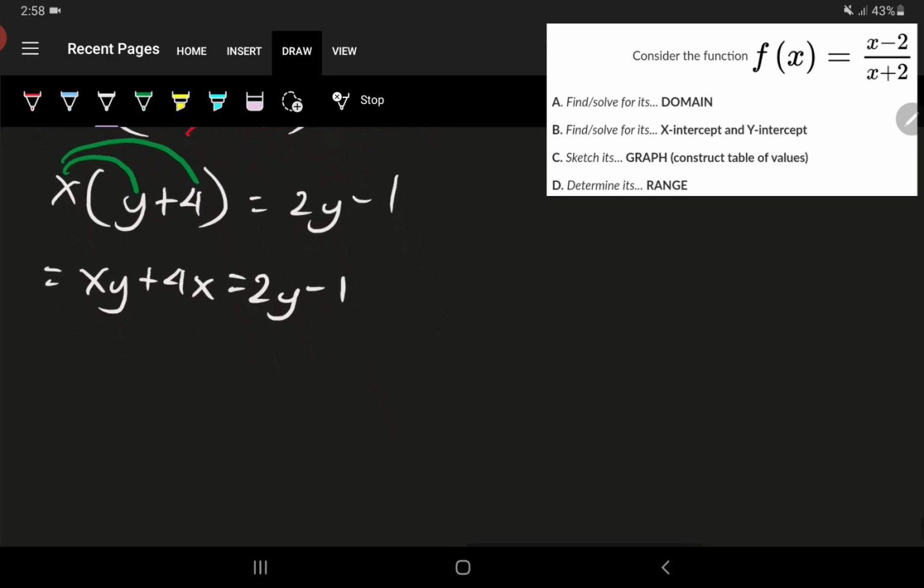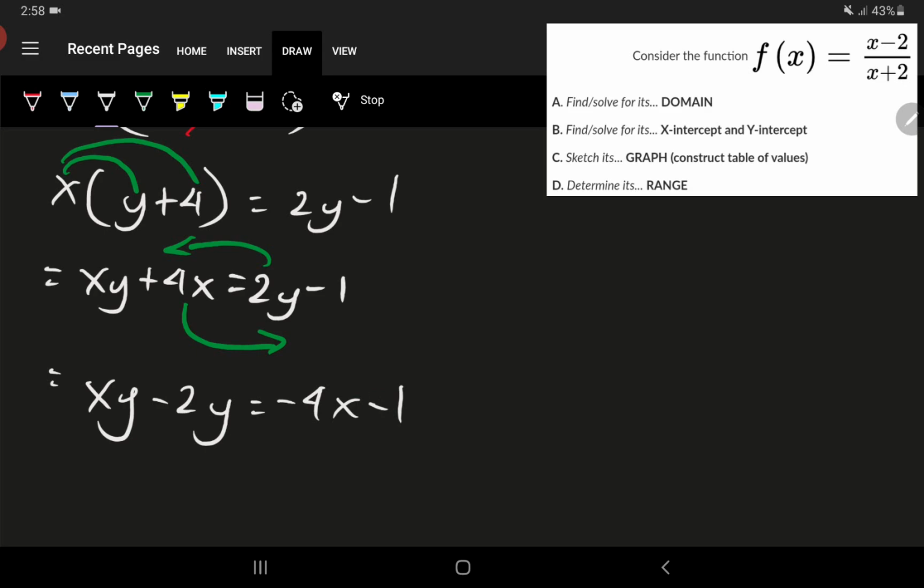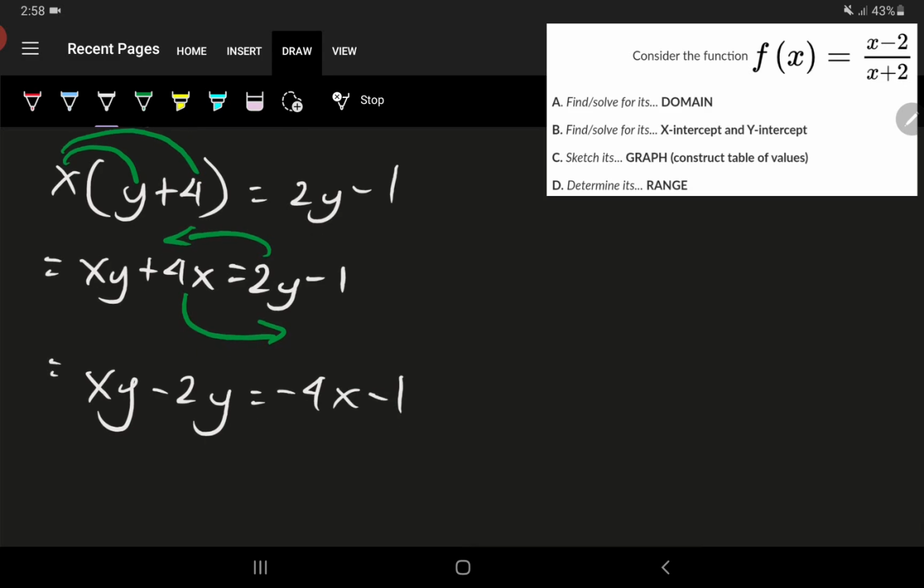And the next is we need to isolate the expressions with y, either on the left side or on the right side. So I need to move this 2y to the other side, and I need to remove this 4x, right? So that means we have xy minus 2y equals negative 4x minus 1. Okay, since we have this given expression, let's solve for the value of y.